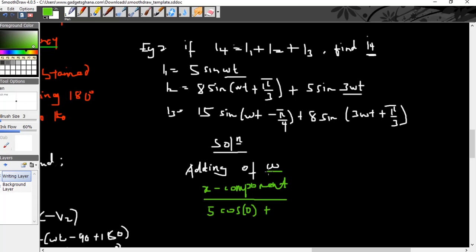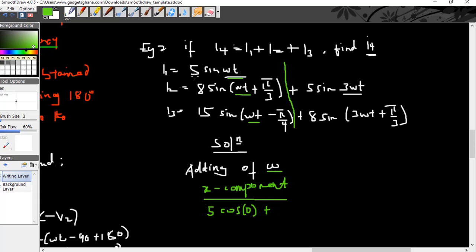Let's say it's w. I don't want to use a scientific term, so let's say it's w. We are taking only wt. That's why we don't have something like 3 wt. That's where we are first concentrating.